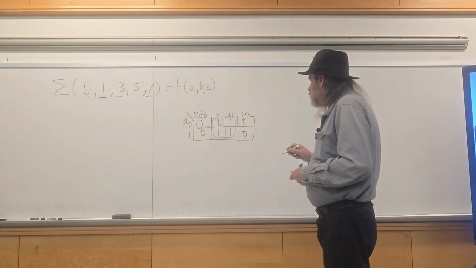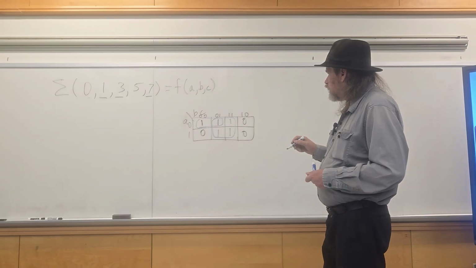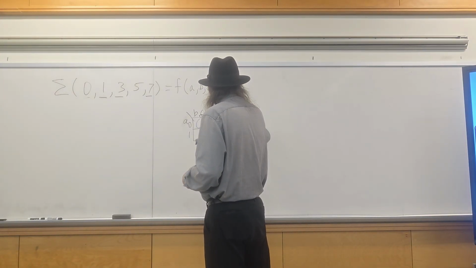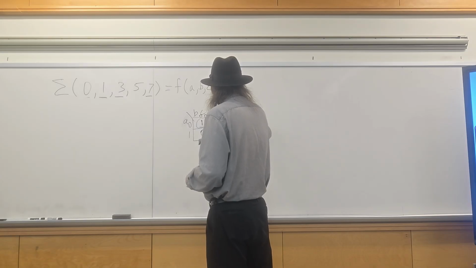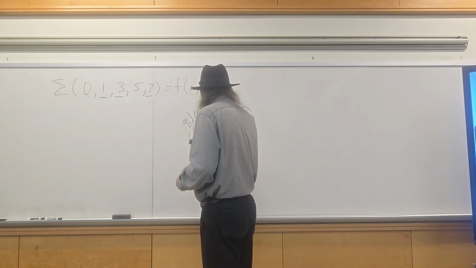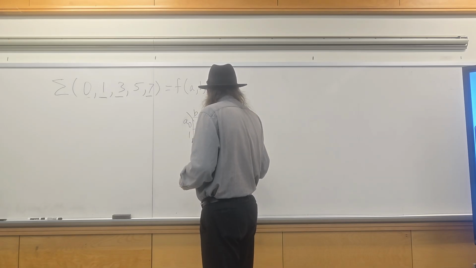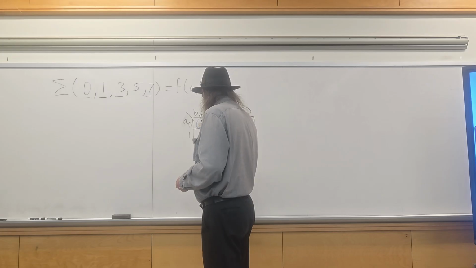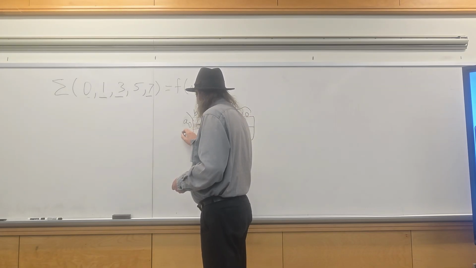Let's see here. This is B and B prime and C. Yeah, C prime. That's A and A prime.